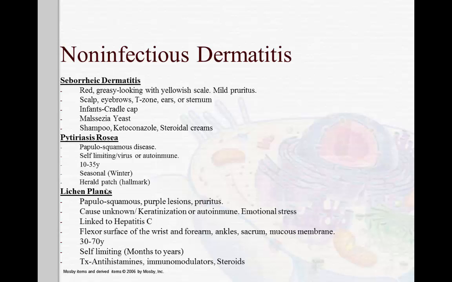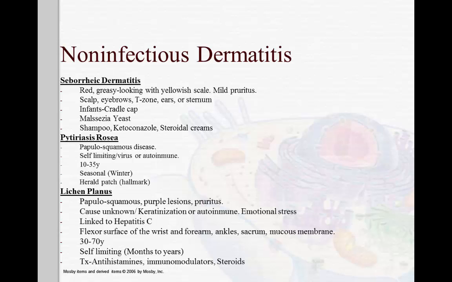The etiology of lichen planus is an autoimmune disorder. It is believed that it's a reaction against basal epithelial keratinocytes by a genetic predisposition. It is linked to emotional stress. It is linked to hepatitis C.